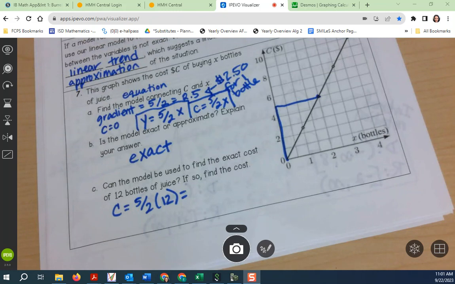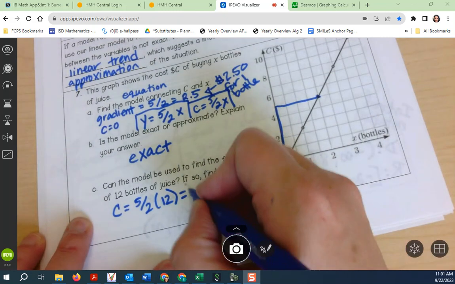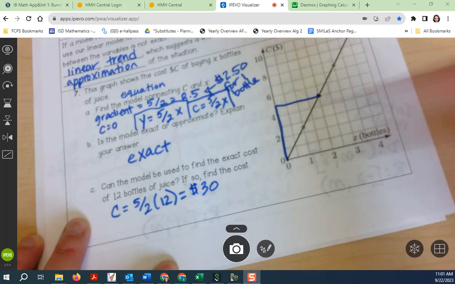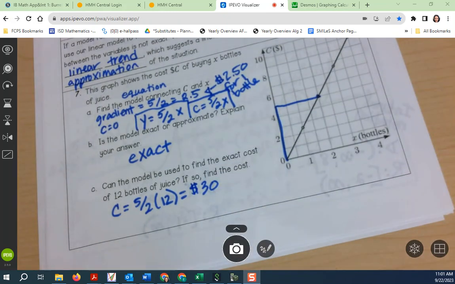All right, you guys getting $30? Okay. All right, when you're ready, you can turn the page.